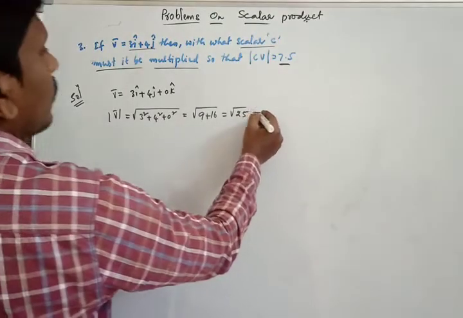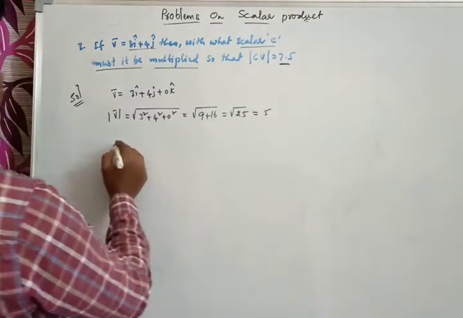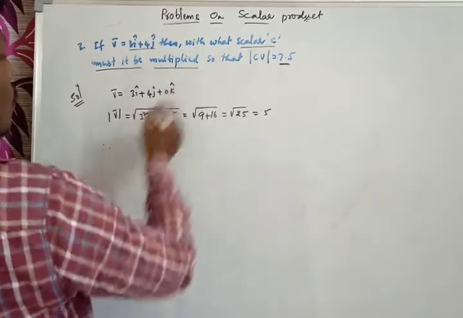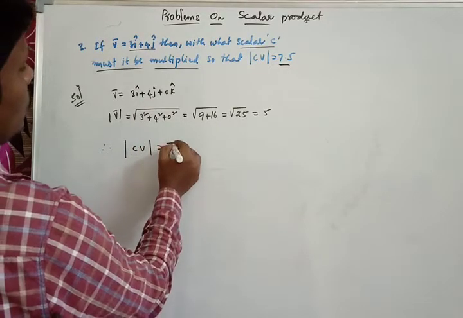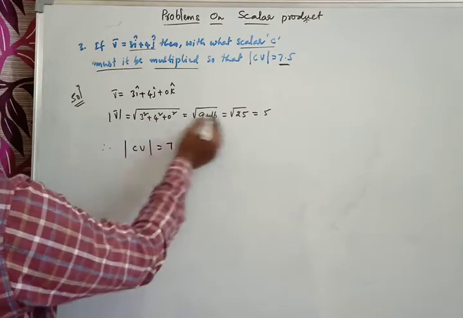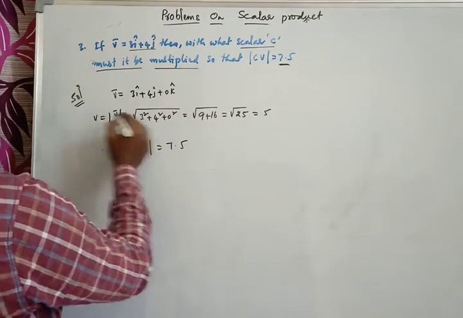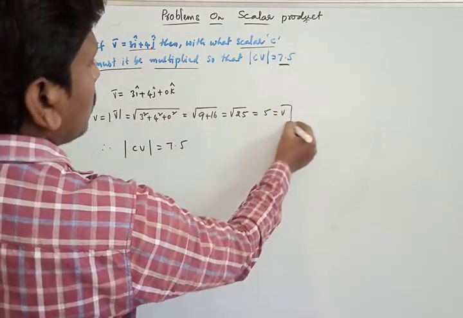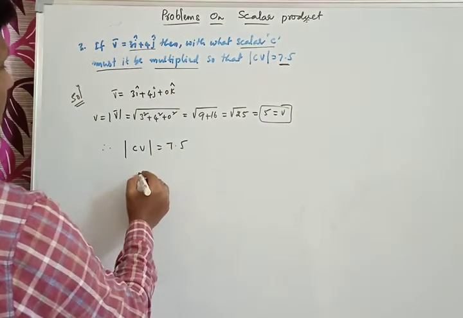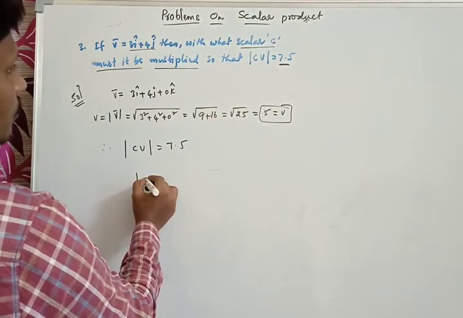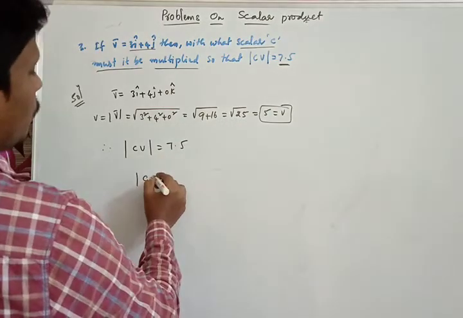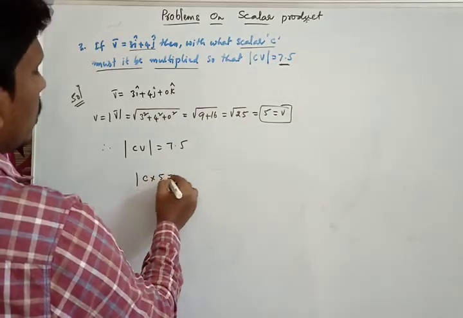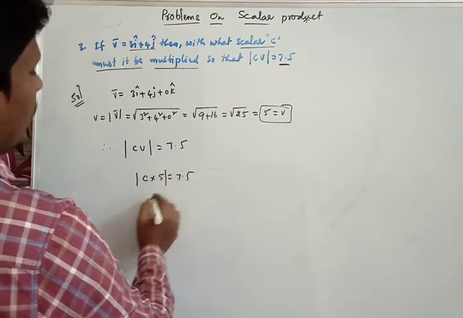We can write that as 5. From the question, |CV⃗| = 7.5, and this V value is 5, so we can write it as |C| into 5 equal to 7.5.